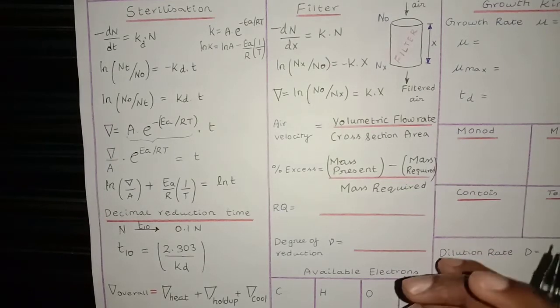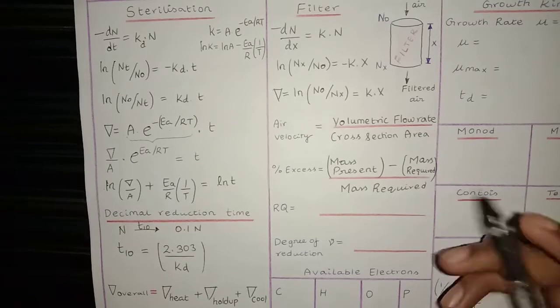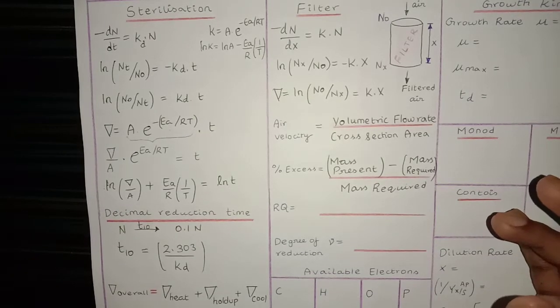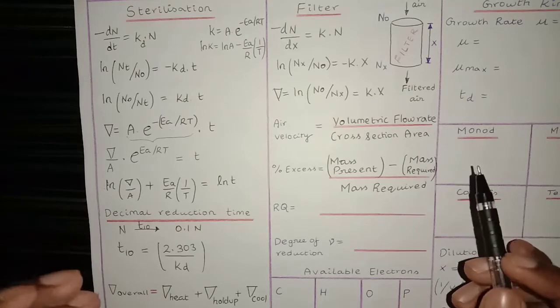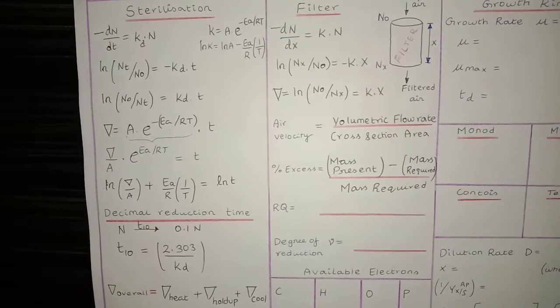Say in a reaction we need 5 kg of some reactant, we add 6 kg, therefore 6 minus 5 over 5, so we add 20% excess.